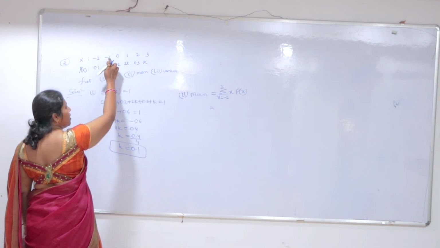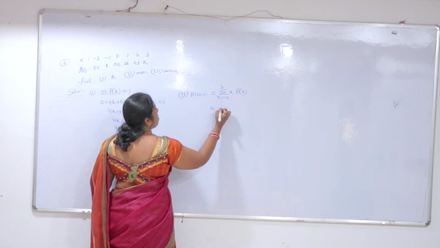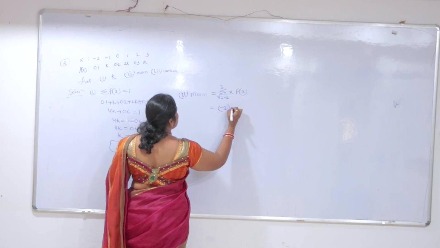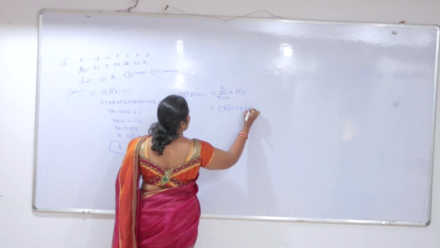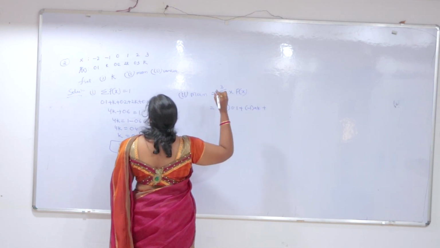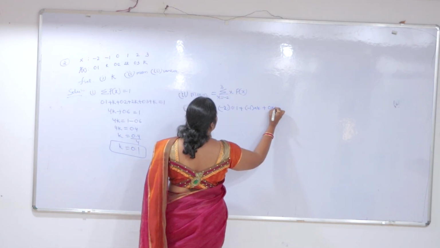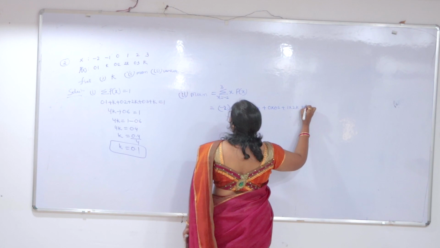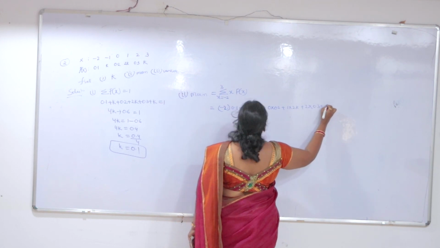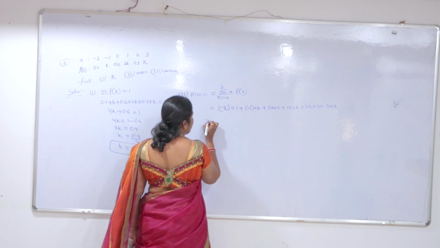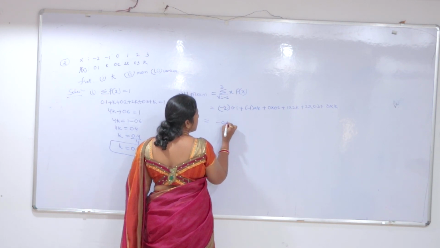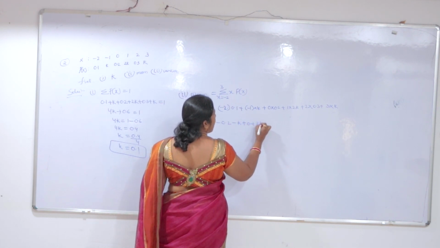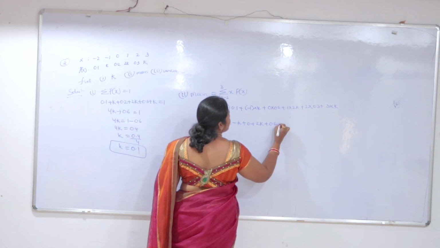So -2 into 0.1, -1 into k, you have to do it. -2 into 0.1 plus -1 into k plus 0 into 0.2 plus 1 into 2k plus 2 into 0.3 plus 3 into k. So what will happen? -2 into 0.1 is -0.2, minus k plus 0 plus 2k plus 0.6 plus 3k.